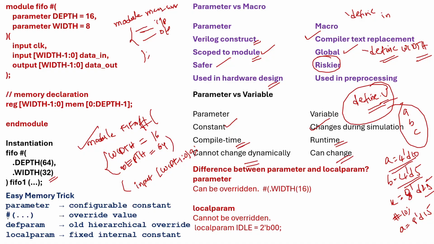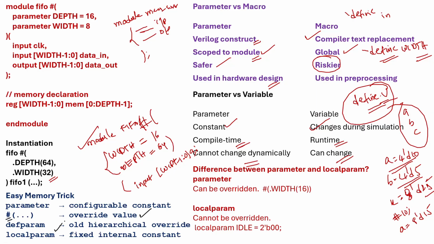With hash and some variable, you can override the value. And defparam is the hierarchical override. Hierarchical override means you can use it across different modules; everywhere I want to utilize the same parameters, I can use defparam.